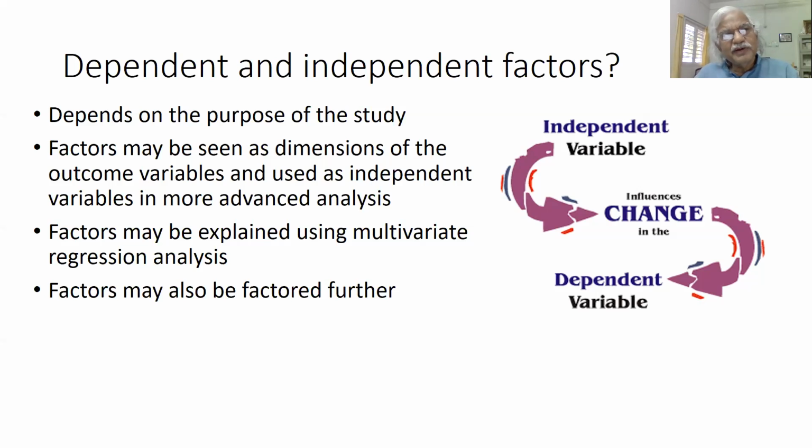So once you have found out that powerlessness, meaninglessness, resourcelessness are the dimensions of alienation, you can separately study these dimensions by using multiple regression analysis, and by regressing these factors on background variables or other socioeconomic variables, organizational variables, urban rural background, and so on.